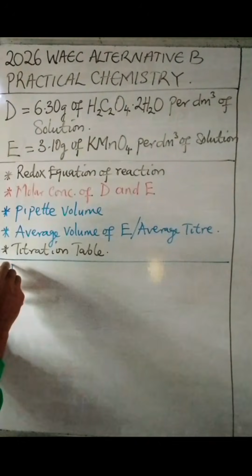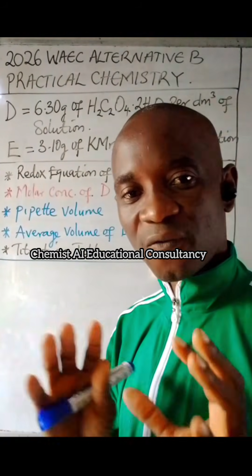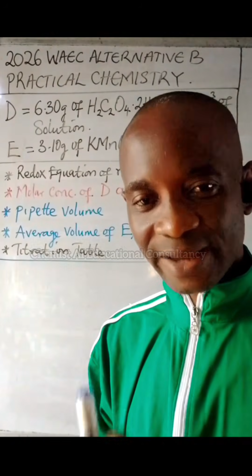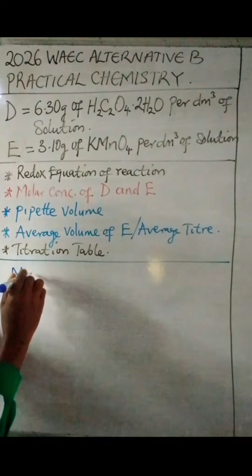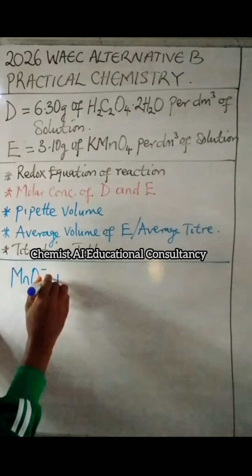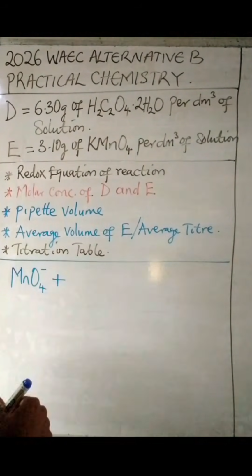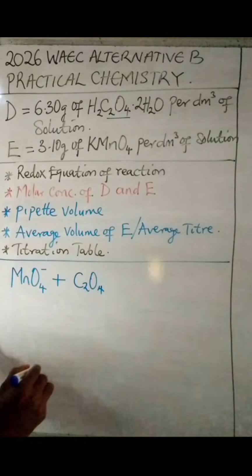We are going to first of all write the redox reaction. This reaction is going to be ionic. We are going to focus on the actual ions that are reacting. In potassium permanganate, the ion that is reacting is the permanganate ion, MnO₄⁻. It is going to react with the oxalate ion or dioate ion, which is C₂O₄²⁻.